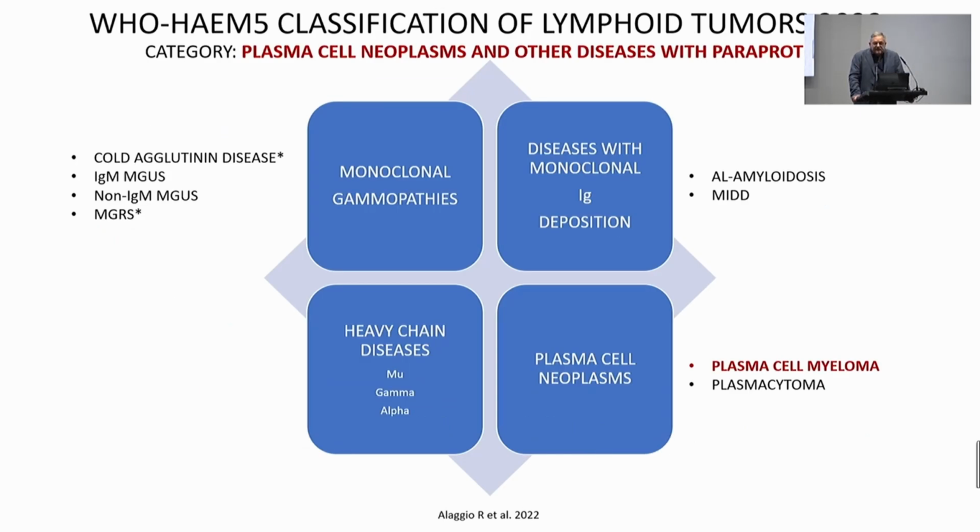In the last classification of lymphoid tumors last year, multiple myeloma is located in the category of plasma cell neoplasms and other diseases with paraproteins, and in the family of plasma cell neoplasms.